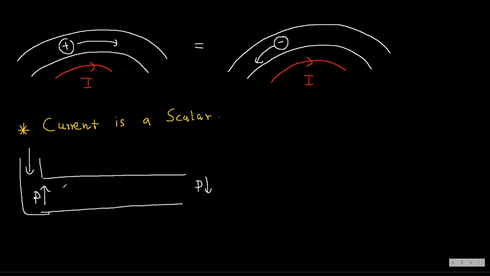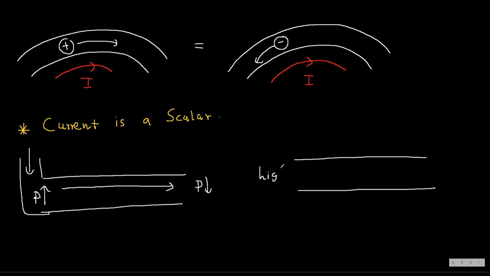Because of that, liquid flows from high pressure to low pressure. Just like that, charges move from high potential to low potential. Okay, high potential to low potential, charges are moving. Is it clear or not?